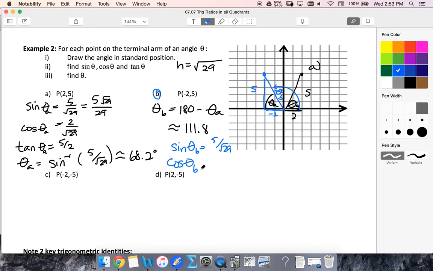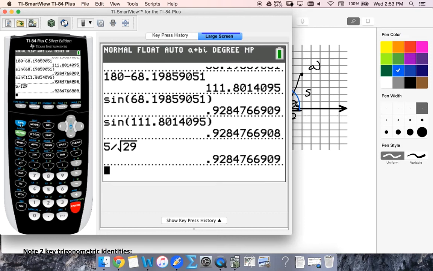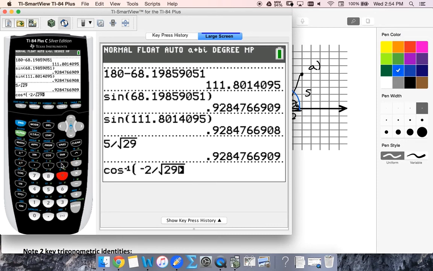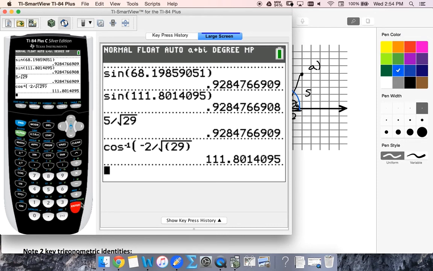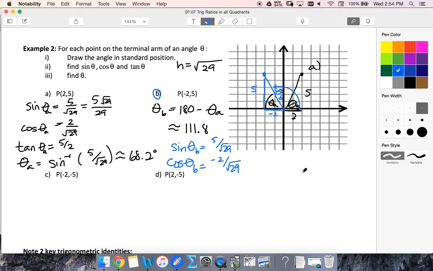Cosine of theta B is negative 2 over root 29. So in this second quadrant, I have a negative cosine value. Let's try that in our calculator. So cosine inverse of negative 2 over root 29. That gave us our 111.8 degrees, so I could have used that as well.